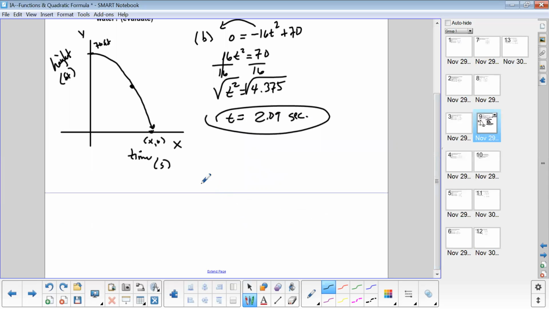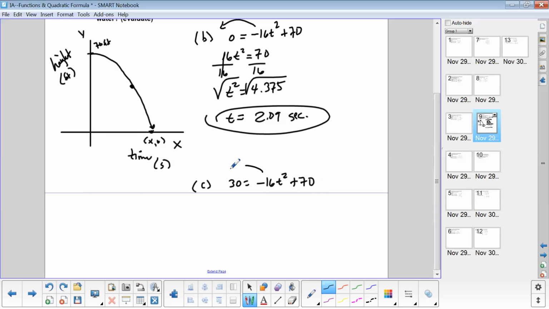The next question, part C, asks, what if it's 30 feet above? So it's not 0 where it hits the water. It's going to be 30 now. So 30 feet, not 0 feet, into the equation.